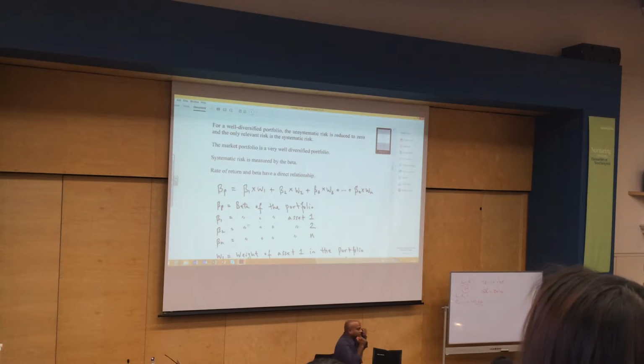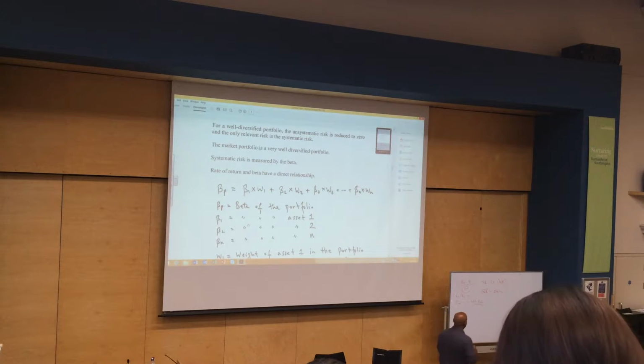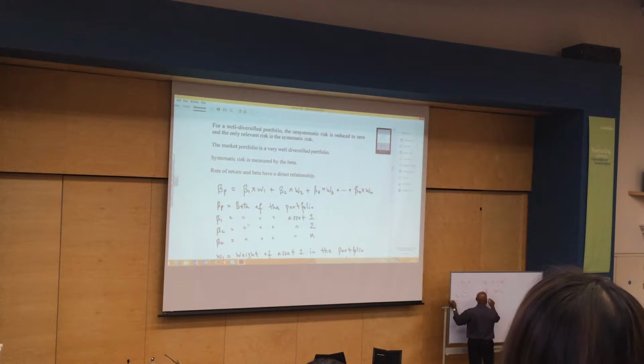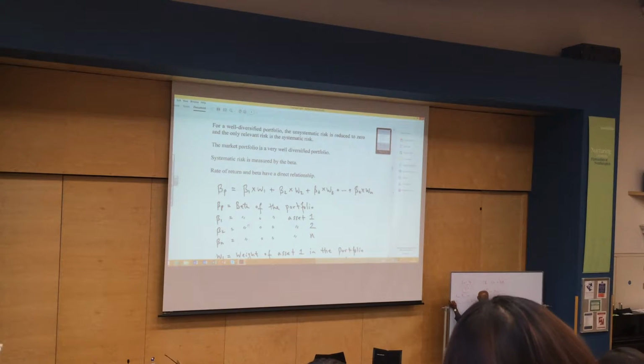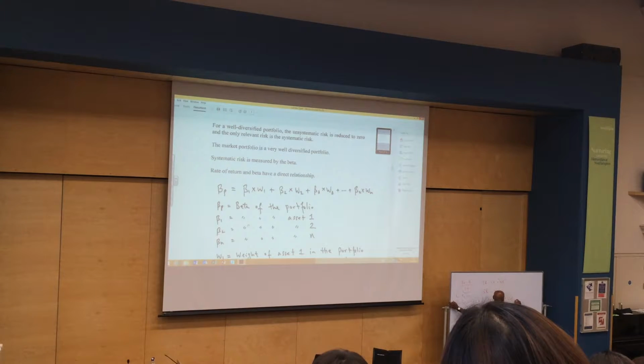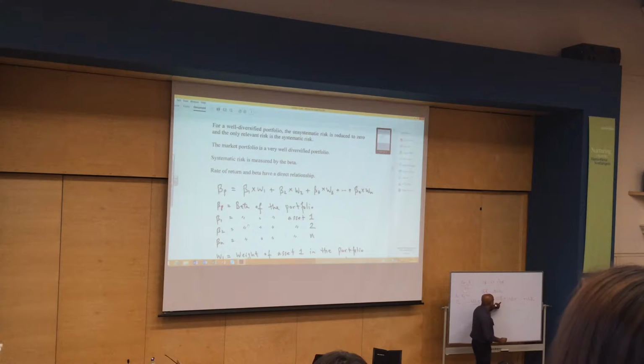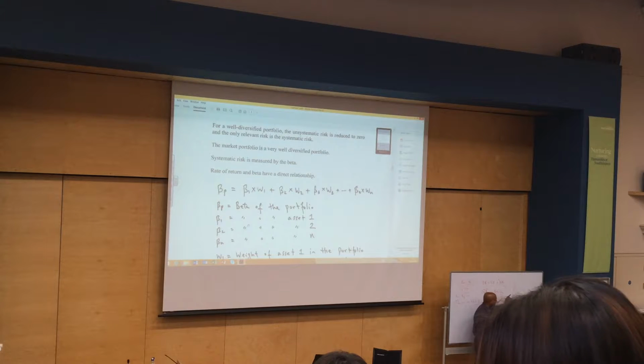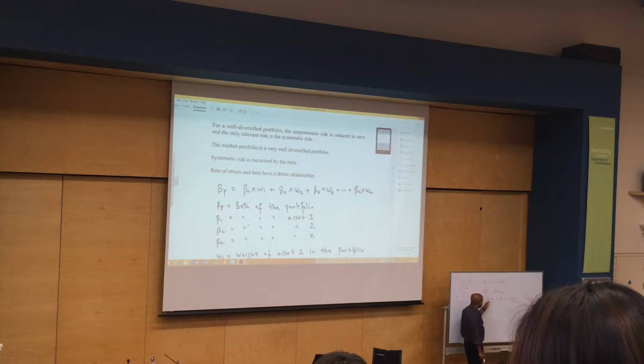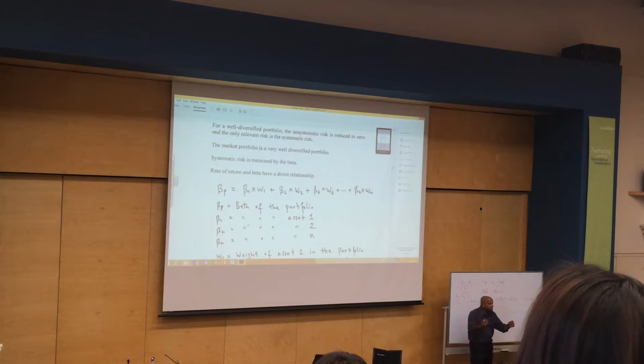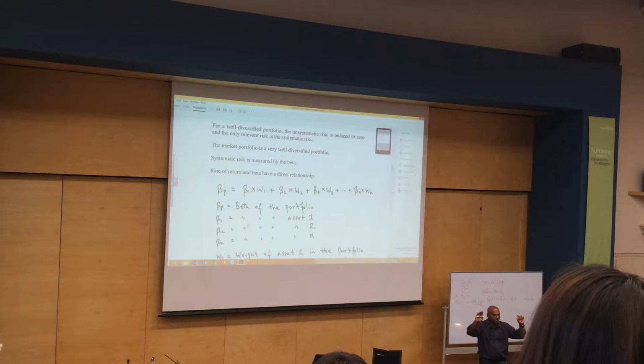And systematic risk of a portfolio, beta of P, is no different from weight of 1 times beta of the first stock, plus beta of the second stock, and onwards. So the beta of a portfolio is just like the return we did last week.